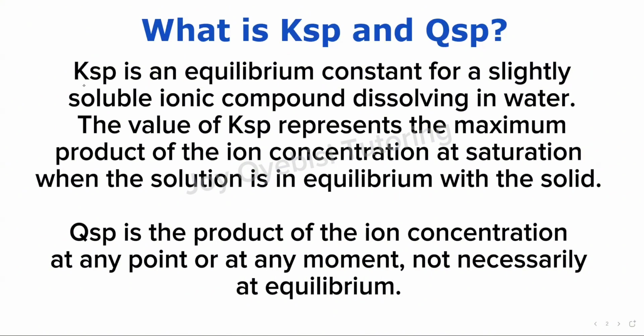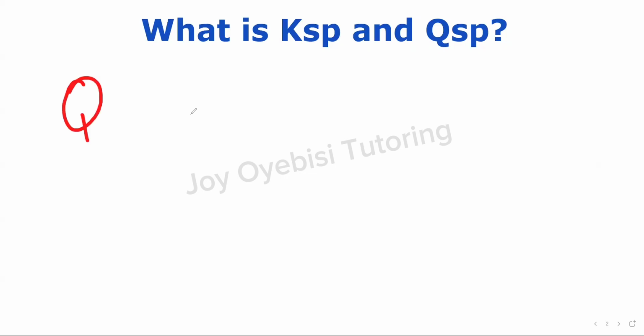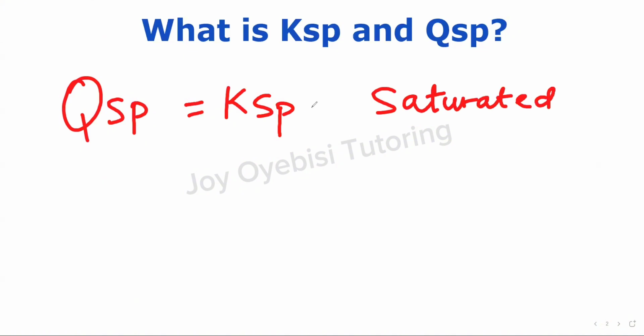So when QSP is equal to KSP, we say that the solution is saturated, which means there is no precipitate. I'm going to be using PPT as precipitate, okay?